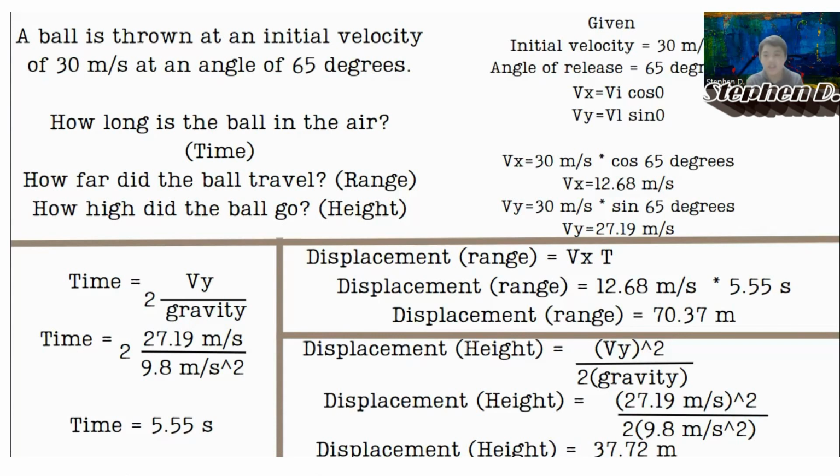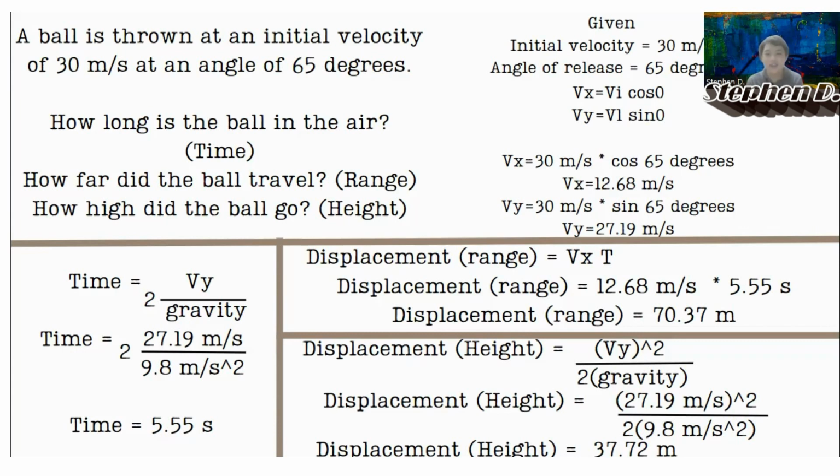V sub x is our horizontal velocity. To solve that, we need the initial velocity times the cosine of our angle of release. As you can see, we have here 30 meters per second times the cosine of 65 degrees. We got 12.68 meters per second.